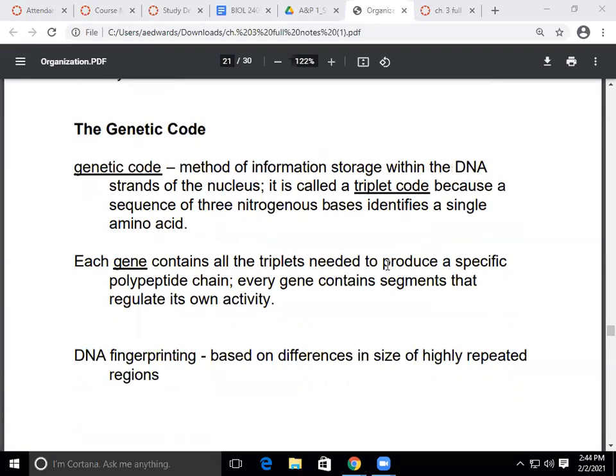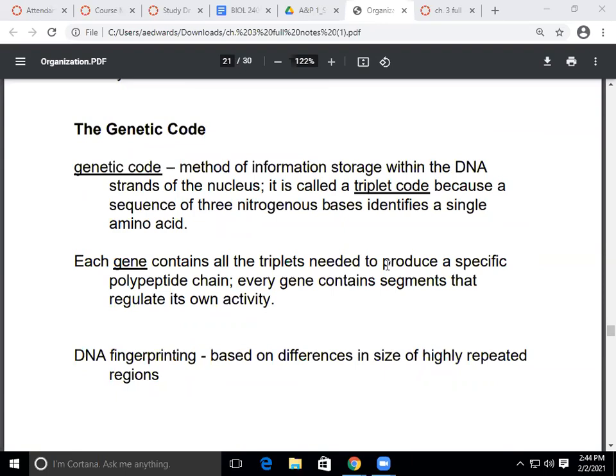Genetic code. No, that's on your review sheet. So your genetic code is basically the method how information gets stored in the strands of your DNA inside your nucleus. Okay, and it's a triplet code. So you want to know that term. It's a triplet code, and it's underlined, so you probably want to know it.